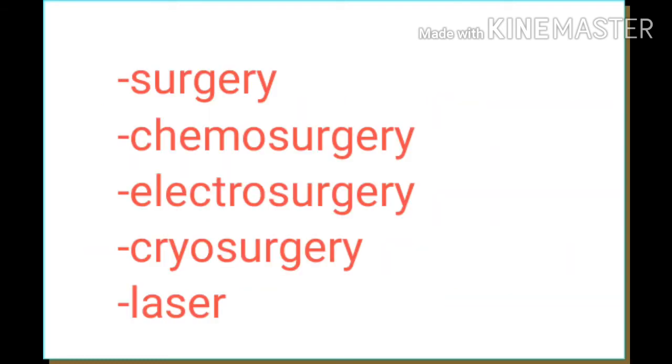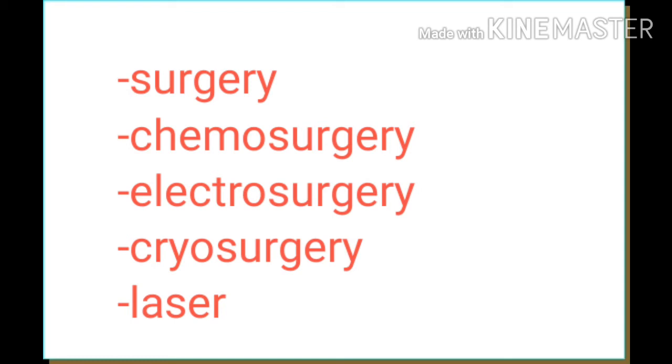So let's see what are the procedures to achieve gingivectomy: by surgery, chemosurgery, electrosurgery, cryosurgery, and by laser. Chemosurgery is a selective destruction of a diseased tissue by using chemical substances.